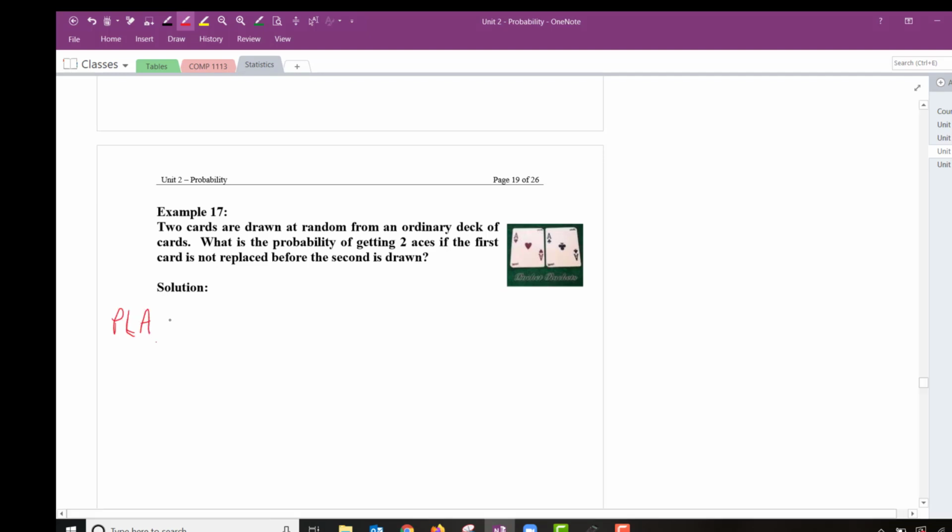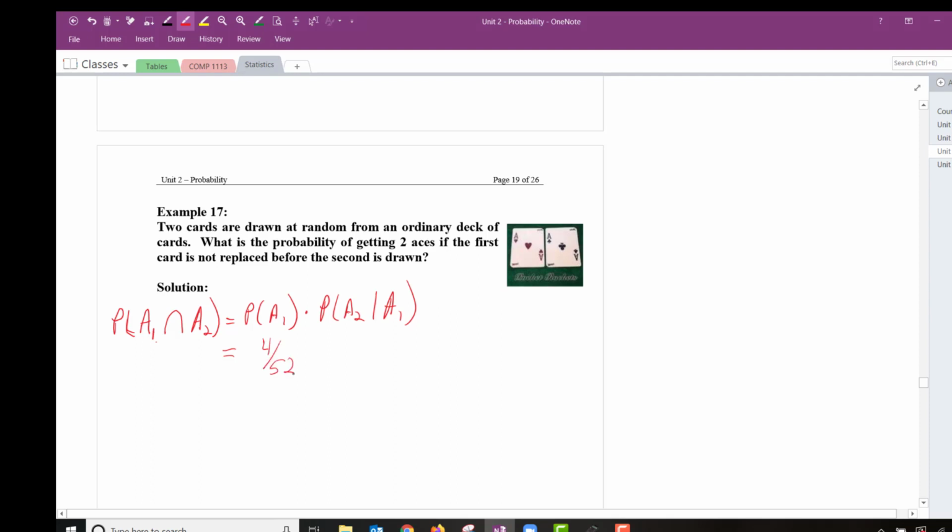So I need an ace, I'll call it ace 1, and then I need ace number 2. It's the probability of getting the first one times the probability of getting the second one, given that I know that the first one was already an ace. It looks more complicated than it actually is. To get your first ace, there are 4 aces in the deck and 52 cards.